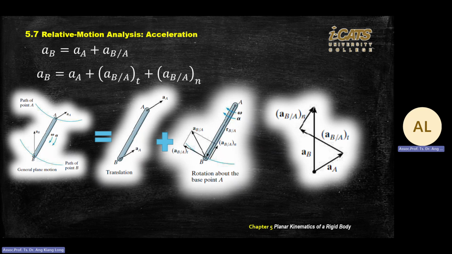So AA is the same as at point B, and you copy the direction of AA to one side. Then AB comes from the general plane. You copy AB and put it here, and then you have a resultant.